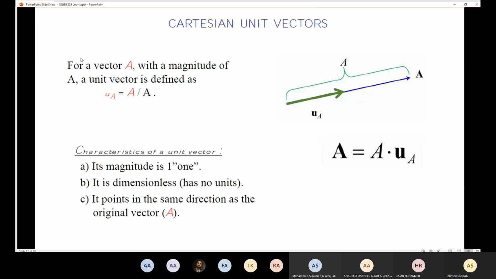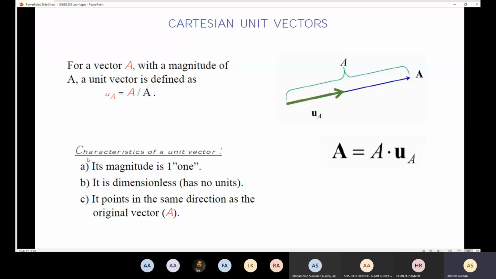Now, if the unit vector is going to equal the vector itself over its magnitude, that means the vector A is equal to the magnitude dot the unit vector. And the magnitude of the unit vector is going to equal 1 because we divide the vector over its magnitude, over its length.